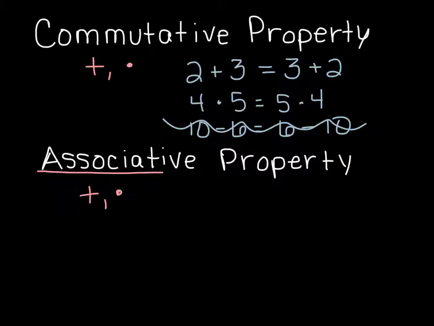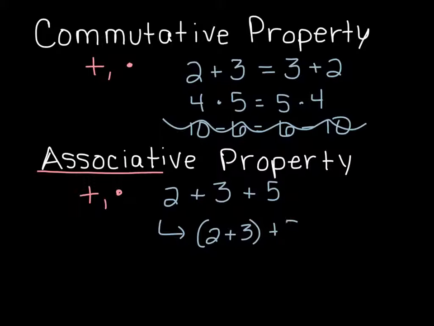So this is what I mean. If I have the problem 2 plus 3 plus 5, let's say, I could do the 2 plus 3 first and then add the 5, or I could do the 3 plus 5 first, and that's what the parentheses indicate, and then add the 2 on the end.